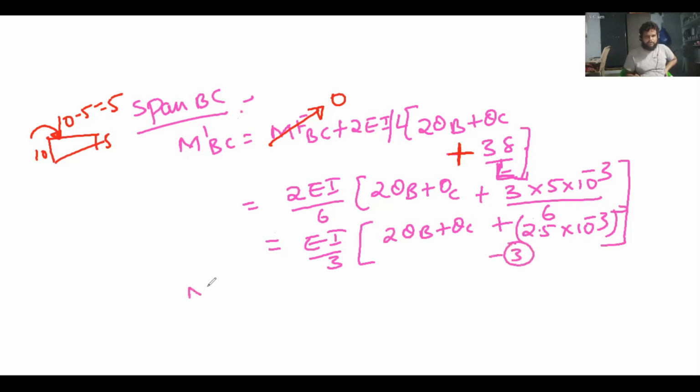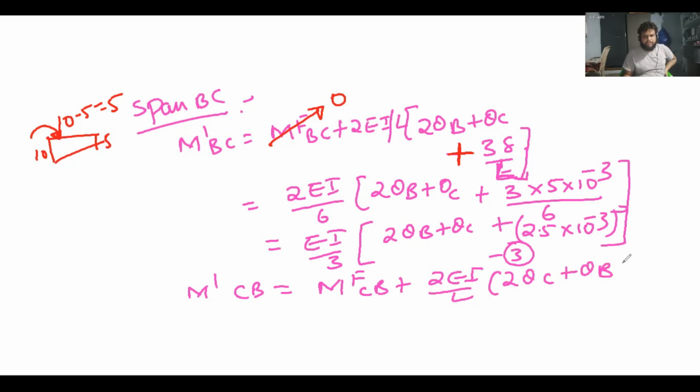Now go back to M dash CB, that is equal to MFCB plus 2EI by L into 2 theta C plus theta B minus 3 delta by L. Again in the same span, this minus should be replaced with what? Plus. Now again MFCB is 0.